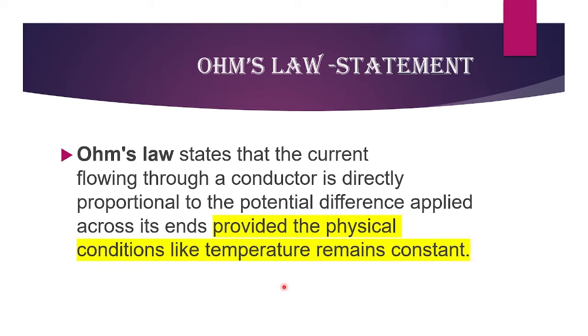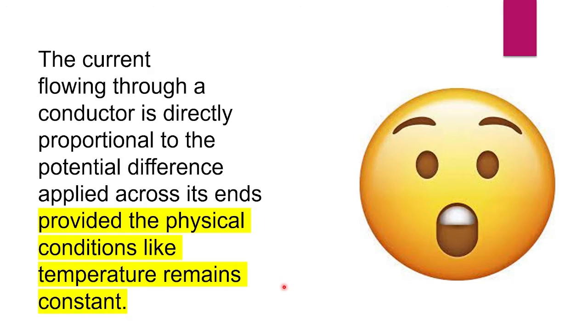The statement goes like this: the current flowing through a conductor is directly proportional to the potential difference applied across its ends, provided the physical condition remains constant. Please note that I have highlighted the part about the physical condition because most of the time students forget to write this part and they end up losing half a mark.